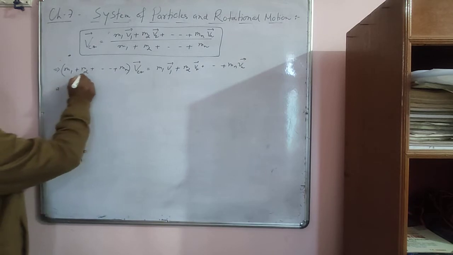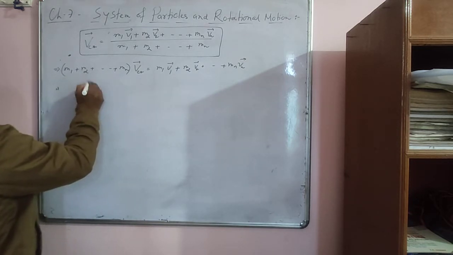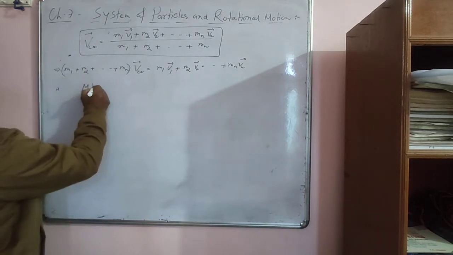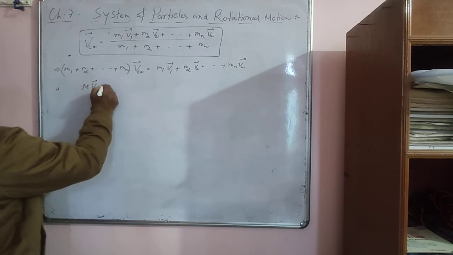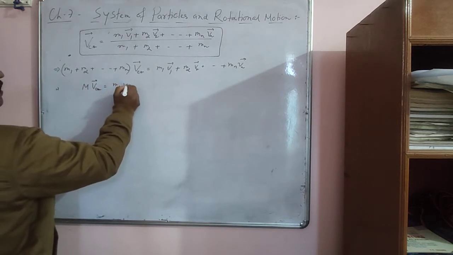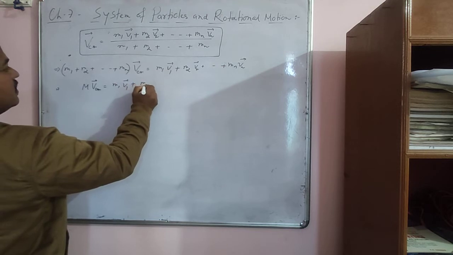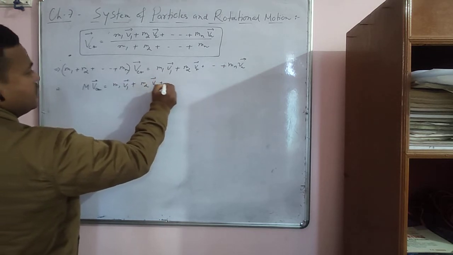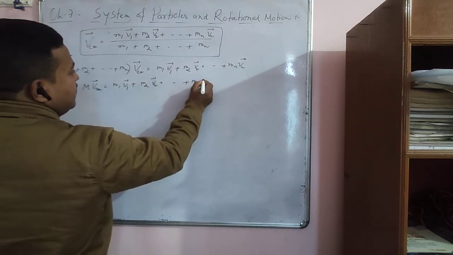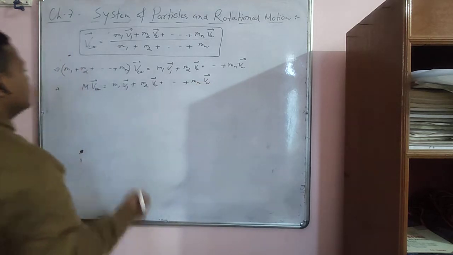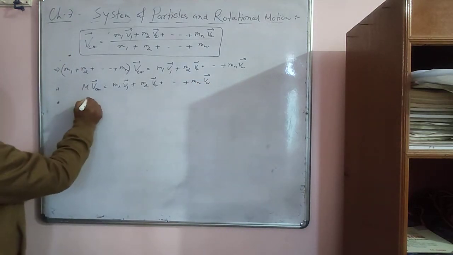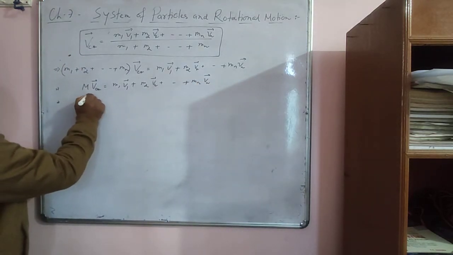This M1 plus M2 up to Mn means total mass, capital M. So M VCM is equal to M1 V1 plus M2 V2 up to Mn Vn, which is nothing but the total momentum, or momentum of center of mass.